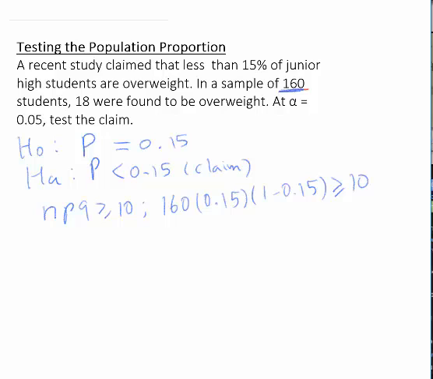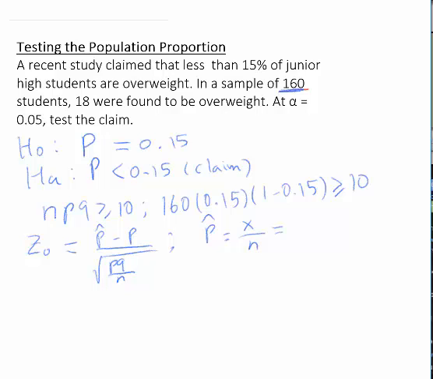The next step is to find the test statistic, the standardized test statistic. It's called in the book z0, which is p hat minus p divided by the square root of pq over n. Now, what is p hat? p hat is the proportion from the sample, which is x over n. x is the number of successes, so the number of students who are overweight, and n is the total number of junior high students.